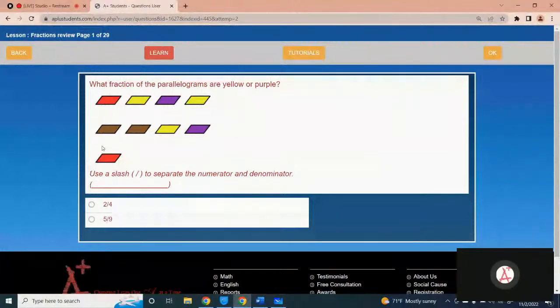Out of the 9, how many of them are yellow? 1, 2, and 3. That means 3 of them are yellow. What fractions of the parallelograms are yellow or purple? You need to count the yellow ones and the purple ones too. So 3 of them are yellow and 2 of them are purple. That means total 5 of them are either yellow or purple. So which is the correct option, 2 by 4 or 5 by 9?